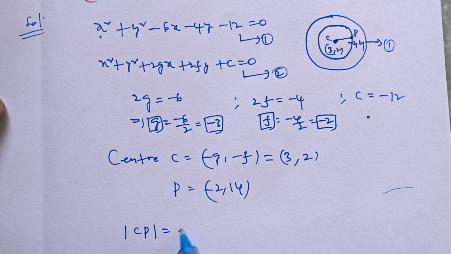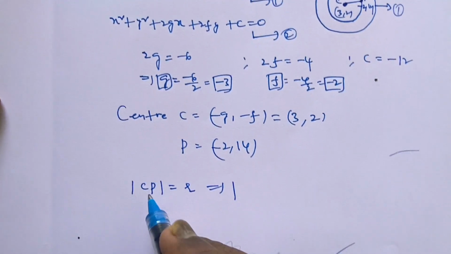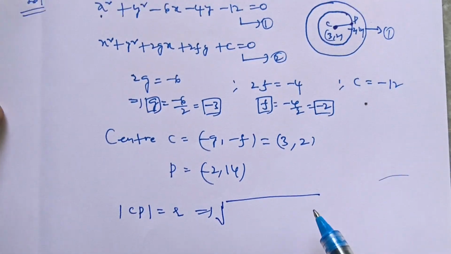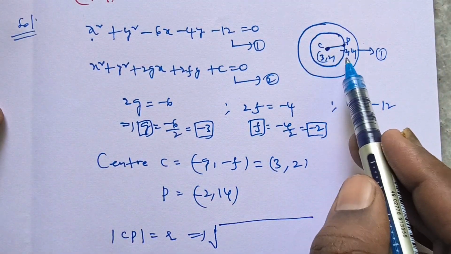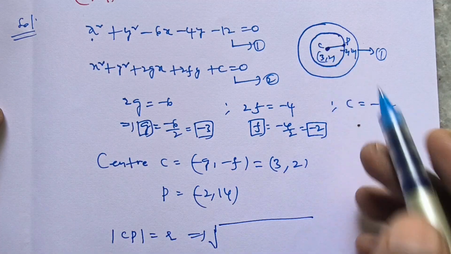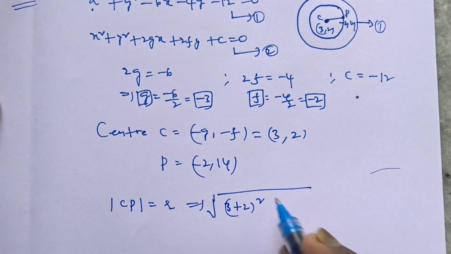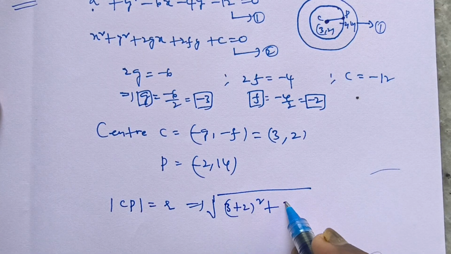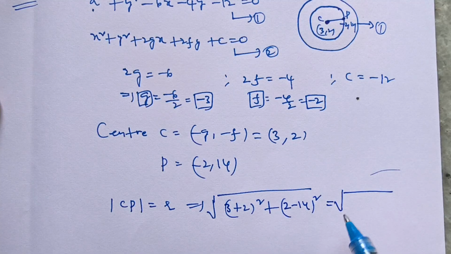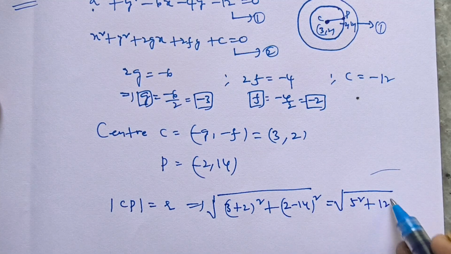Mod CP equals R. Mod CP means the distance between the points C and P, that is square root of x2 minus x1 whole square plus y2 minus y1 whole square. Here 3 plus 2 whole square plus 2 minus 14 whole square equals 5 square plus 12 square.